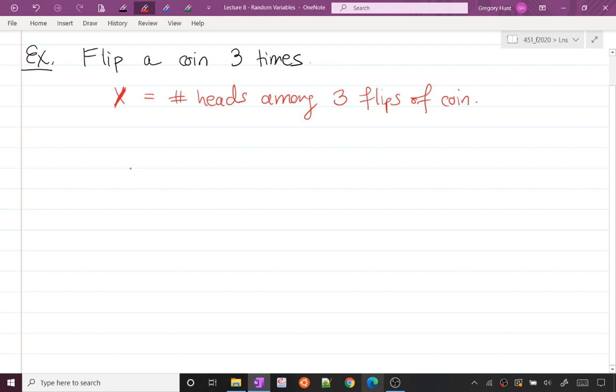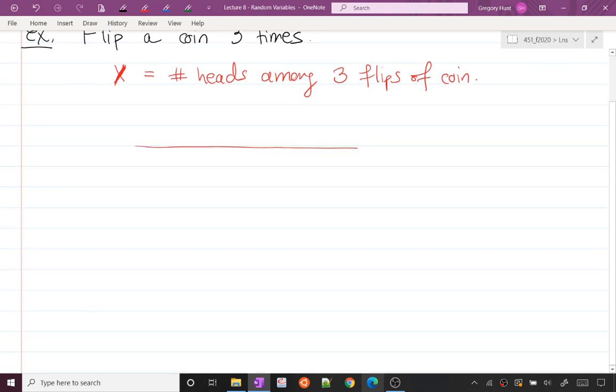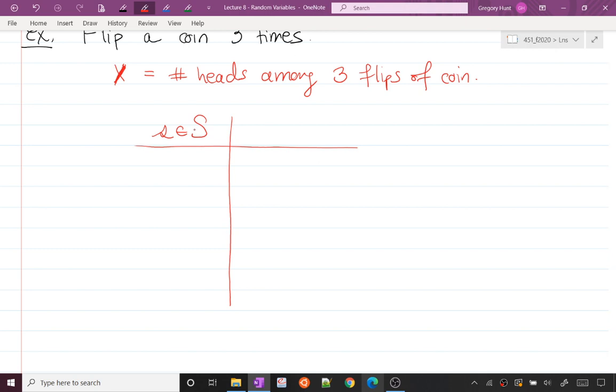So what does this look like? I can just draw a table here. Here's going to be my little T table, and here are the possible outcomes, little s's, in my sample space. What could be my possible outcomes if I flip a coin 3 times? So I could get 3 heads, heads, heads, heads. You know the trick on how to enumerate this?